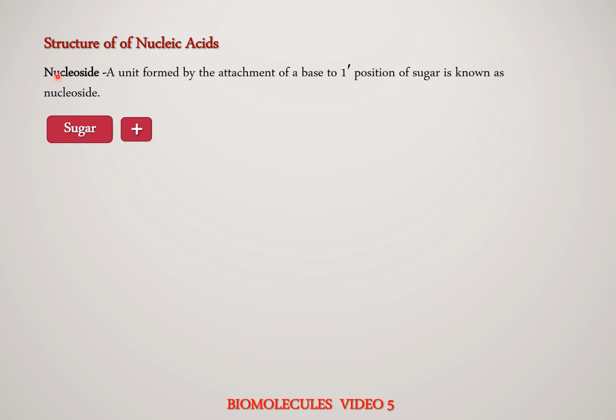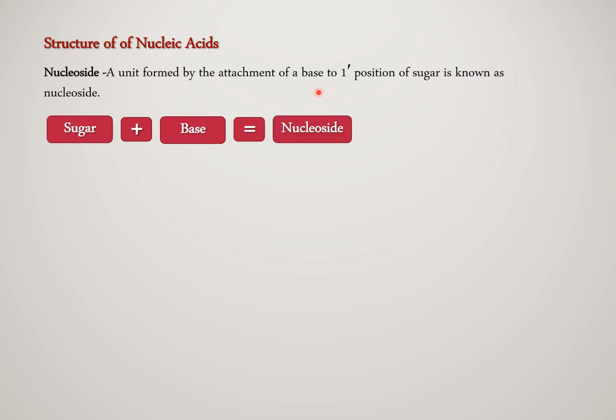It has the attachment of a base at the 1' position of the sugar. That means to the sugar moiety at position 1', the base is attached. So whenever we have the sugar combining with the base, you produce a nucleoside.